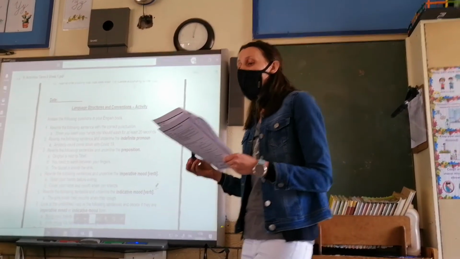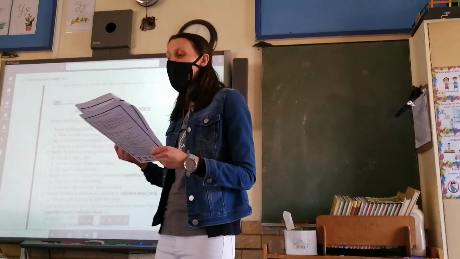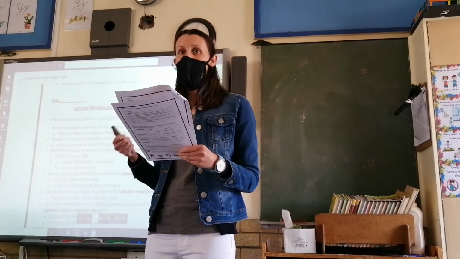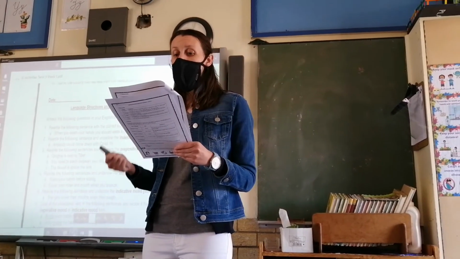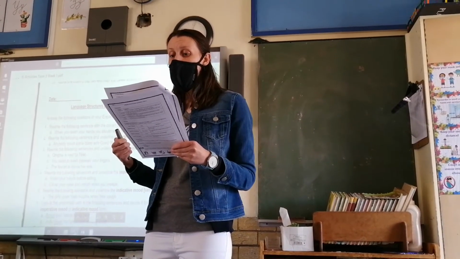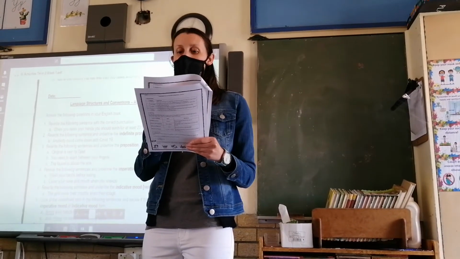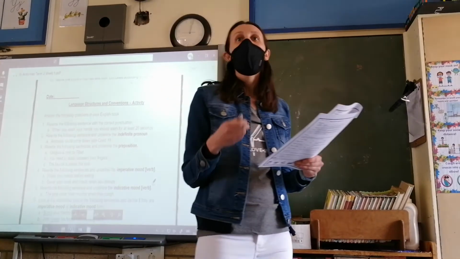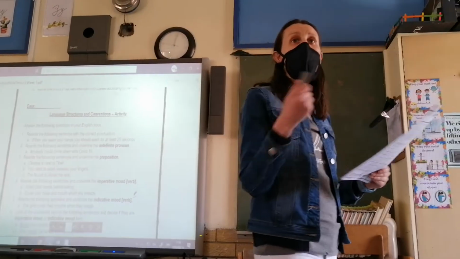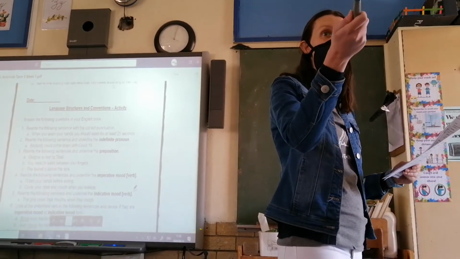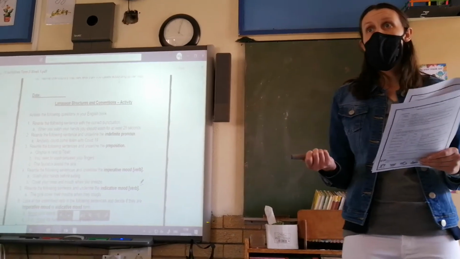So the mood of a verb can change to express different meanings such as how we think, feel, and act. The imperative mood is a verb form that gives a command. For example, if you look at that sentence, wash your hands, our imperative mood form, or the verb that's in the imperative mood, is? Wash. Wash. Are we all happy with that?